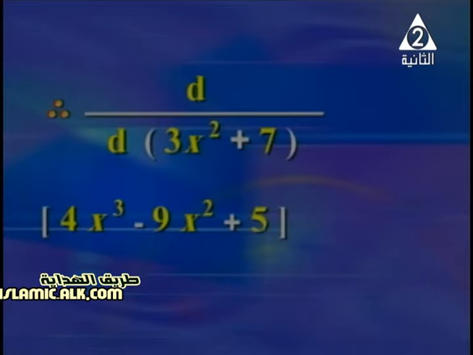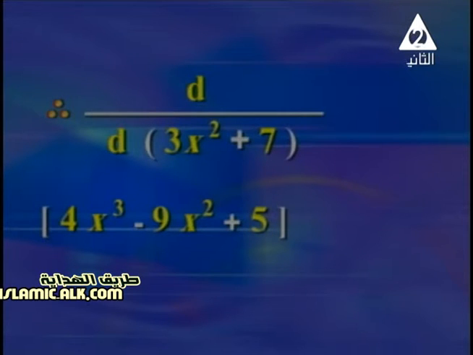Therefore, when we find the derivative with respect to 3x power 2 plus 7 of the function 4x power 3 minus 9x squared plus 5, we find dy over dx multiplied by what? dx over dz. Excellent student.